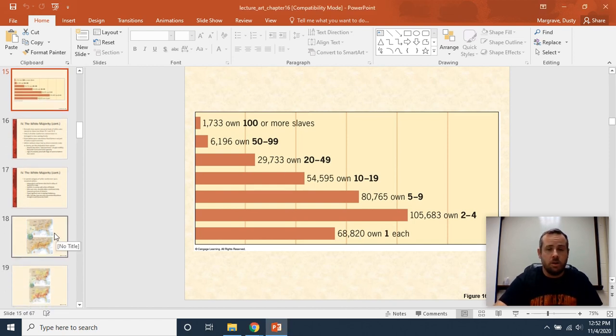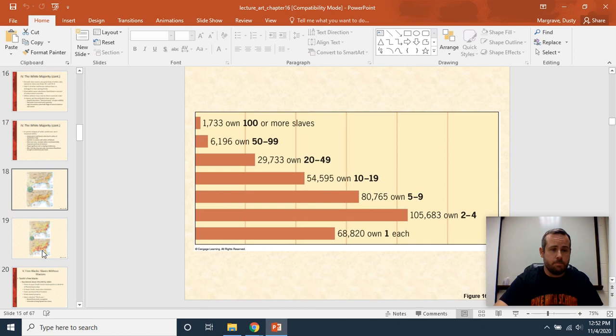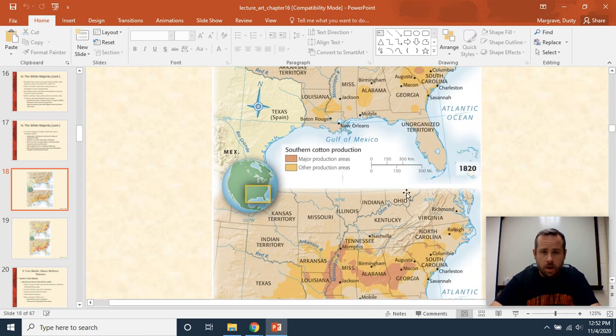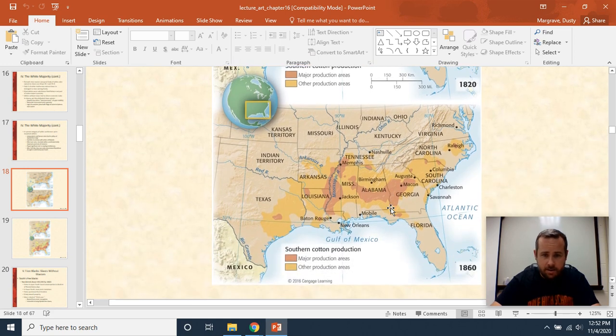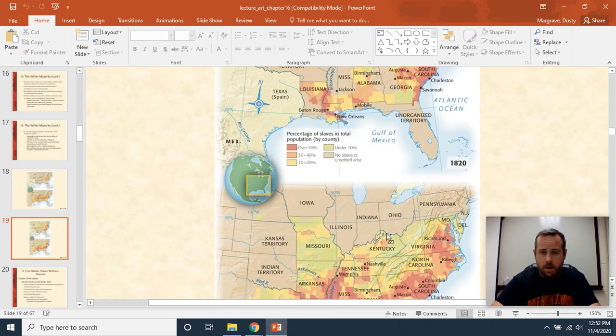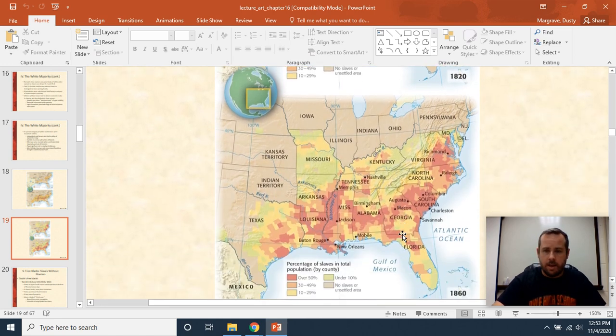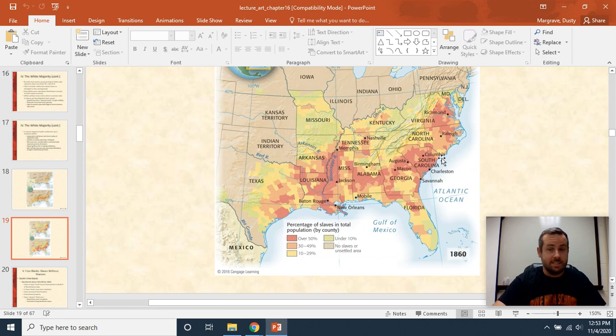These maps down here show huge chunks of land where there are no slaves or very little slave owning in the South. You can see it's very densely concentrated in areas of Virginia and especially South Carolina. And this was 1820, and then it spread out more by 1860. So you can see it has grown there.